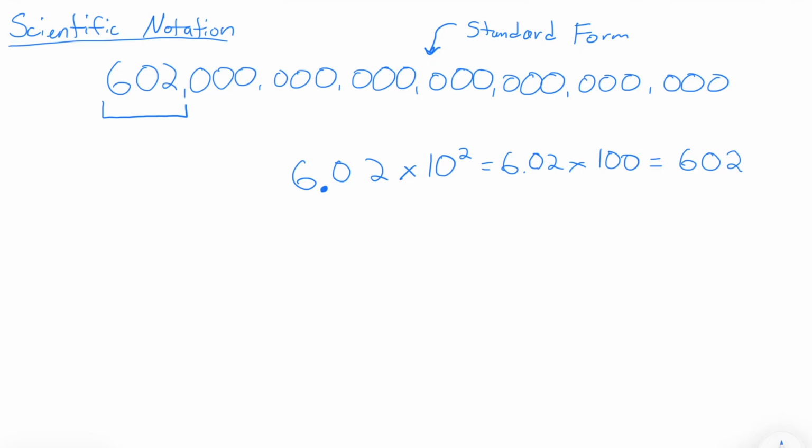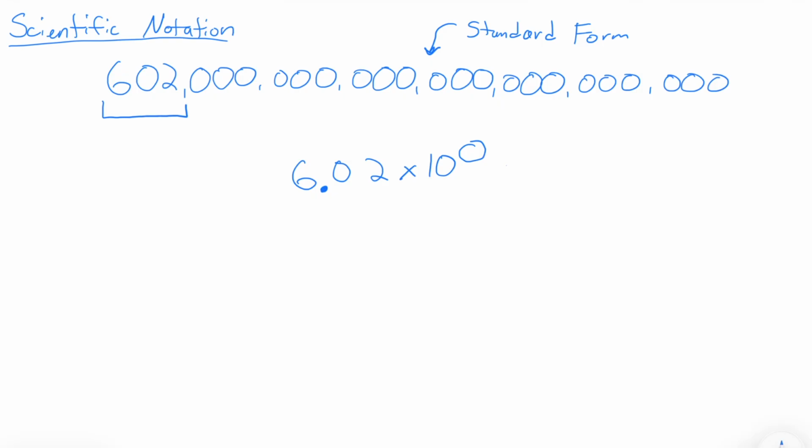So let's think about what exponent of 10 we need to multiply by to bring this 6.02 back up to the same order of magnitude as 602 hexillion.